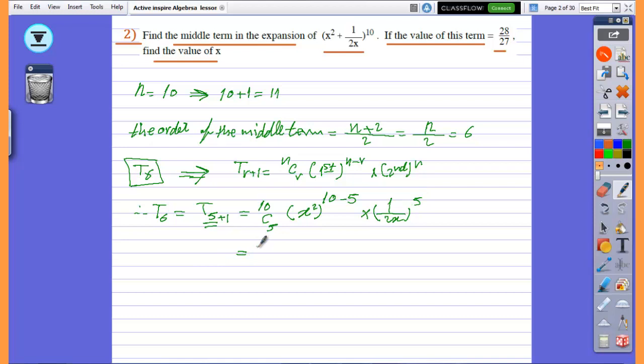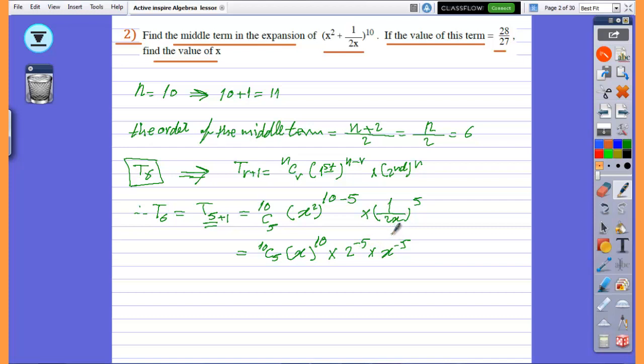which equals 10C5 x power, here we have 10 minus 5 equals 5, multiply 2 equals 10, multiply 2 power negative 5 multiply x power negative 5, because 2x is in the denominator. So 1 over 2 is equal to 2 power negative 1. Negative 1 multiply 5 equals negative 5.